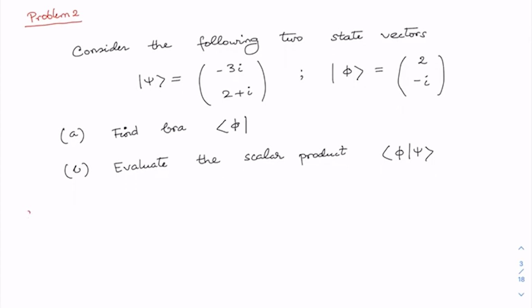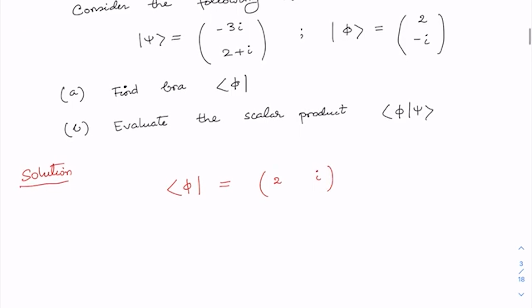It's very simple. Here the bra φ would be simply the row vector. You have to do the transpose and then take the complex conjugate, so it would be (2, i). So this is simple.